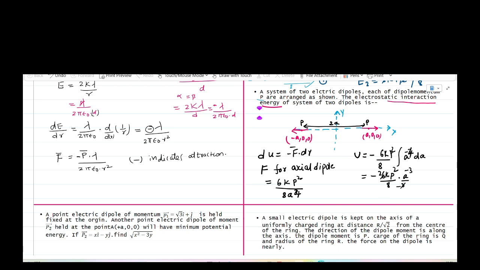The 2 cancels with 4, giving k p square by 4 a cube. In the place of x, I have already substituted 2a, so this is the answer.